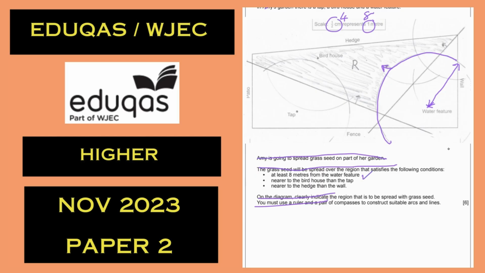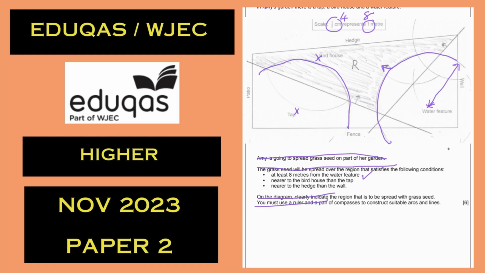Part 1 done. Nearer to the birdhouse, there's the birdhouse, than the tap. How do we know where's nearer? You need to bisect it. It's a perpendicular bisector. You grab your pair of compasses, and you draw a semicircle like so, over halfway, don't forget, with your metal point on the birdhouse.